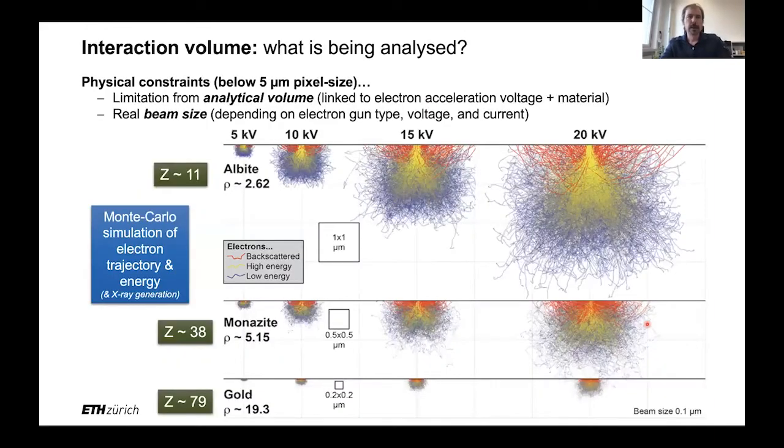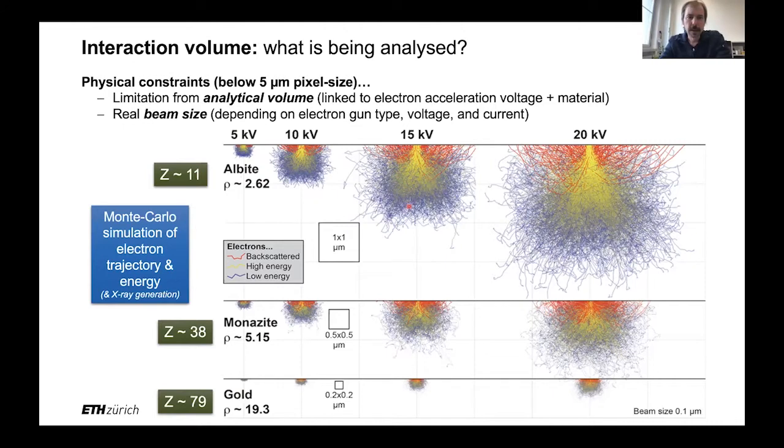The interaction volume. So you've probably seen this figure if you have participated in one of my classes many times already. Basically, I'm showing you here the electron interaction in solid materials as a function of the acceleration voltage we are using, so basically the energy we are giving to the electrons, versus here, the density or the average atomic number, Z bar.